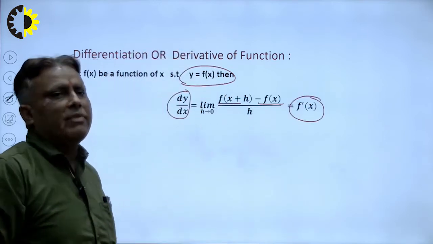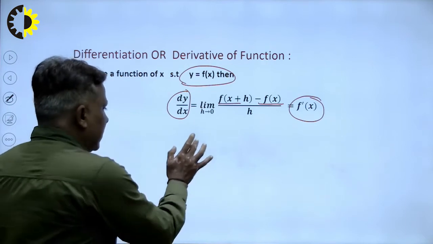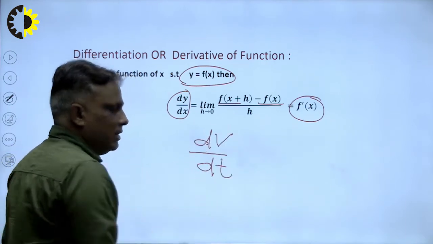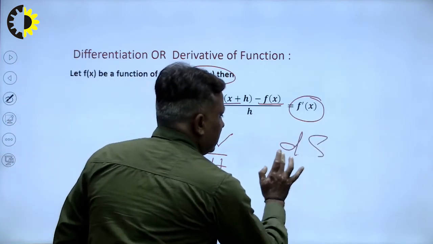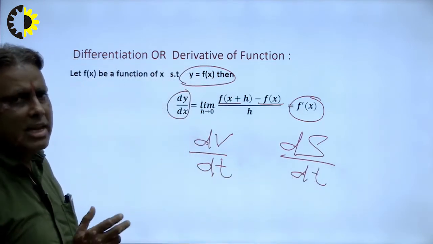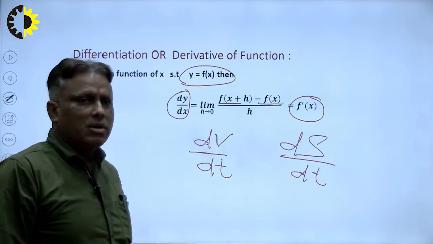The variables may be different here; it is not always y and x. There may be dv over dt, that means volume differentiated with respect to time, or ds upon dt, distance s differentiated with respect to time. So the dependent and independent variables may vary depending on our situation.